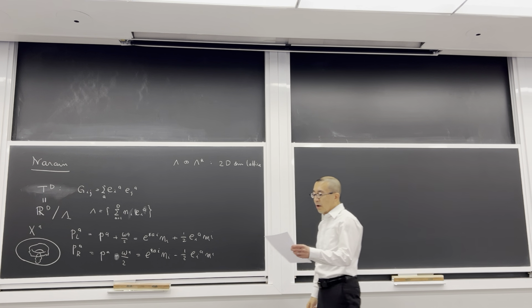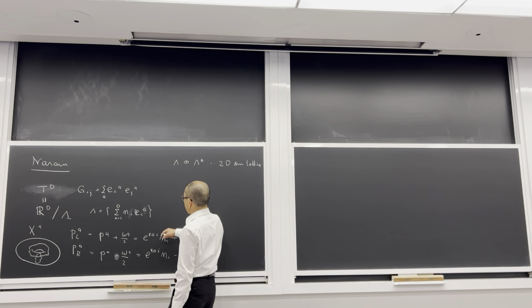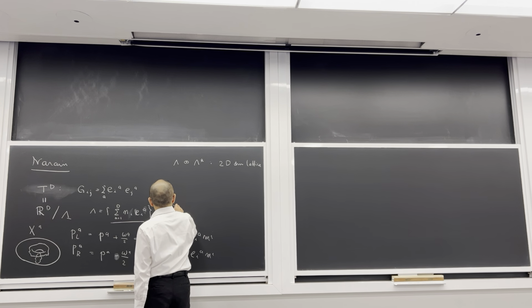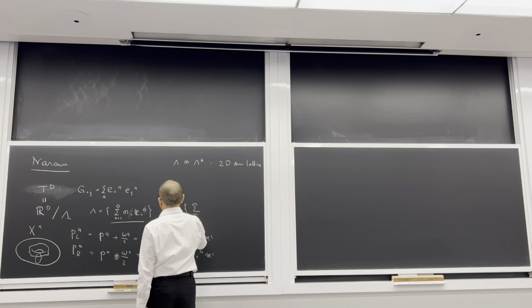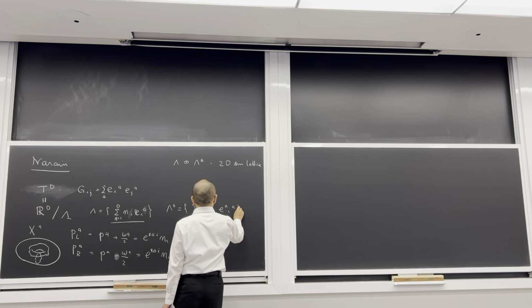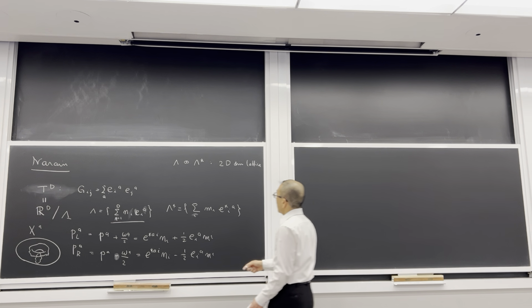So this 2d-dimensional lattice is generated by this type of thing and this type of thing. So you have this linear combination.